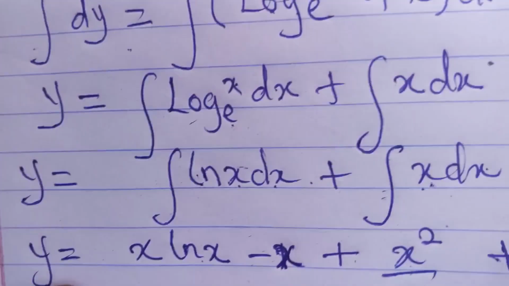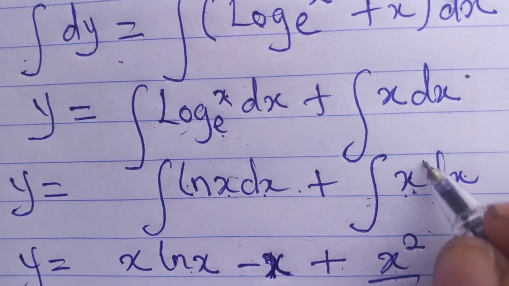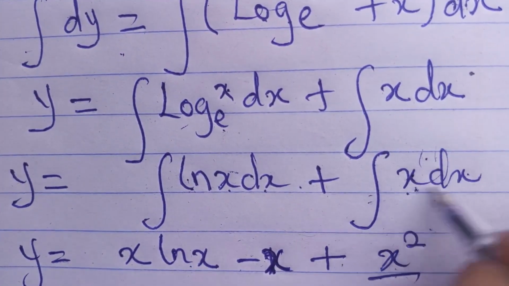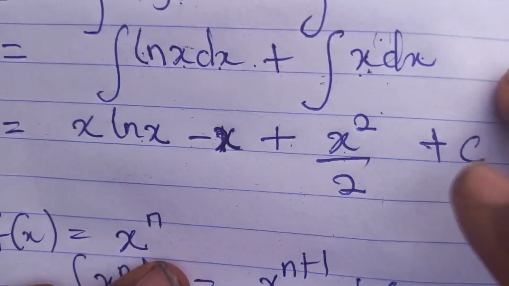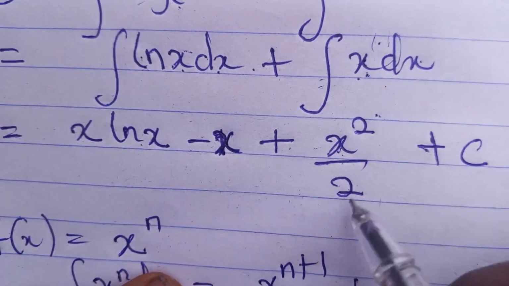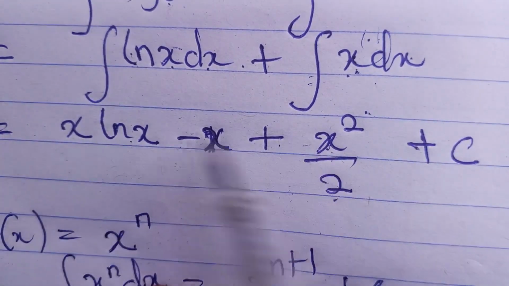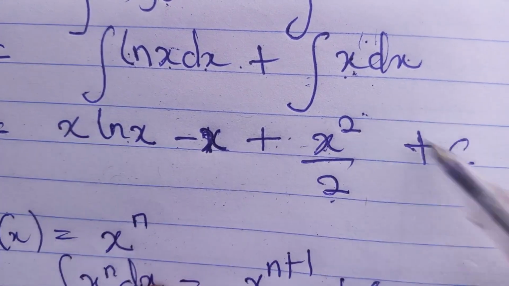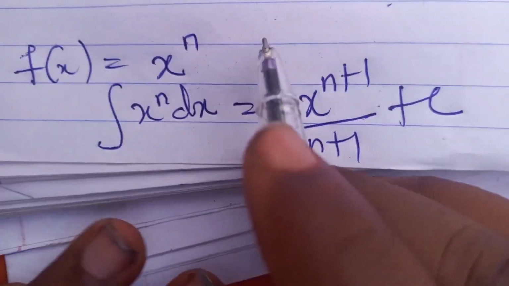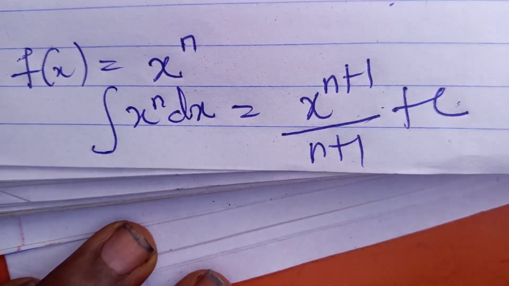So using that formula here, this is x to the power 1. Now 1 plus 1 is 2, divided by 1 plus 1, which is 2. So you're going to have x to the power 2 over 2. When you are done with your integration, you add your c.